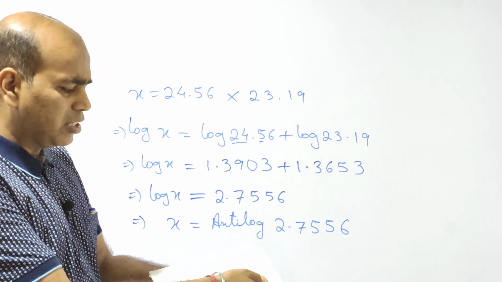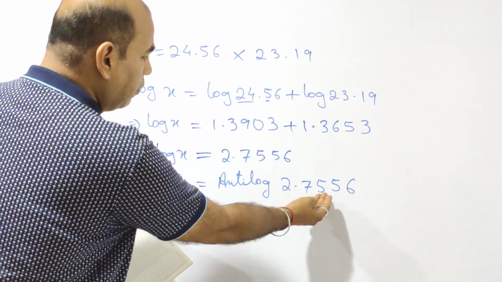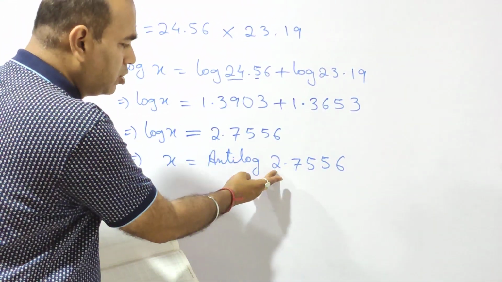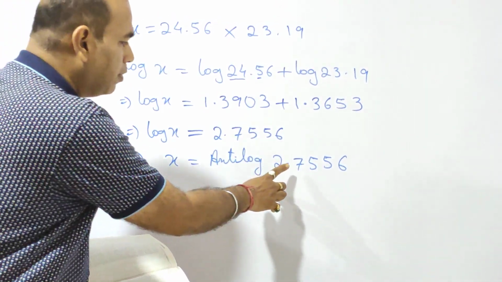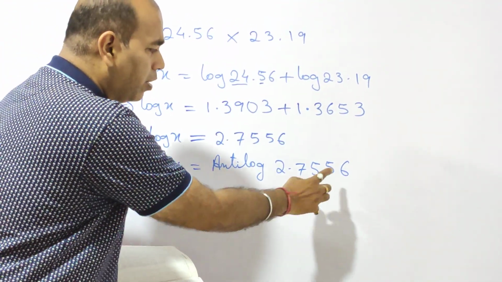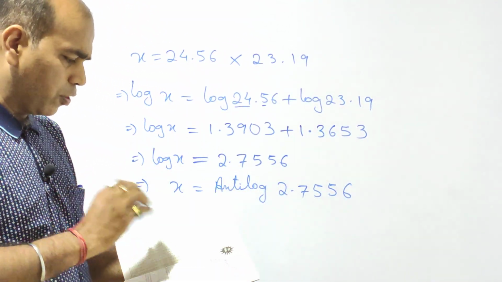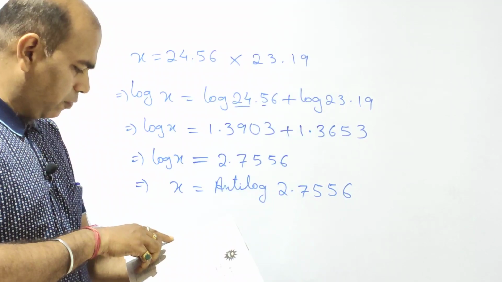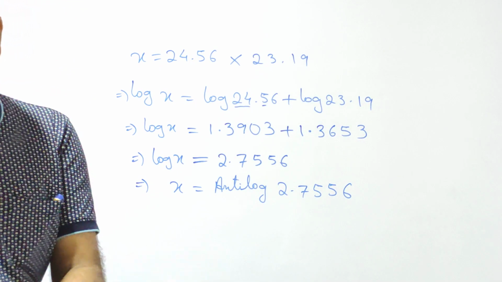Anti-logarithm table, everything is starting with decimal. It is 2.7556. I will not check 2. I will start with decimal part. So I will take 0.755 and its 6. 0.75's fifth column is 5689.